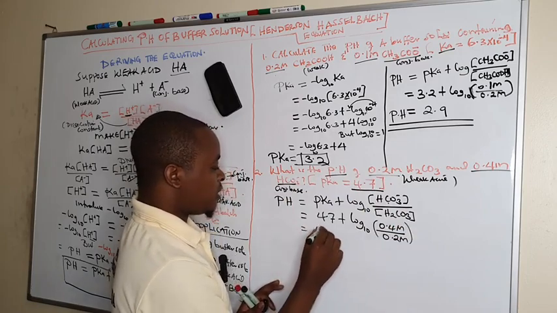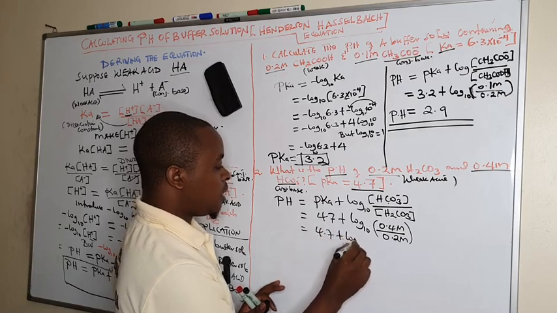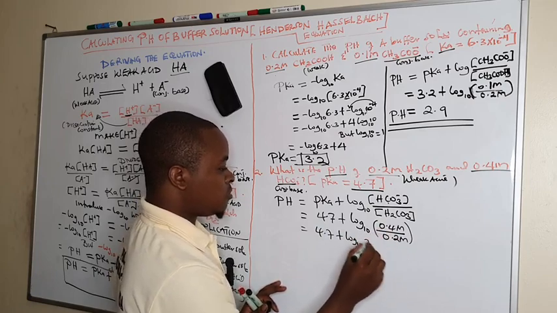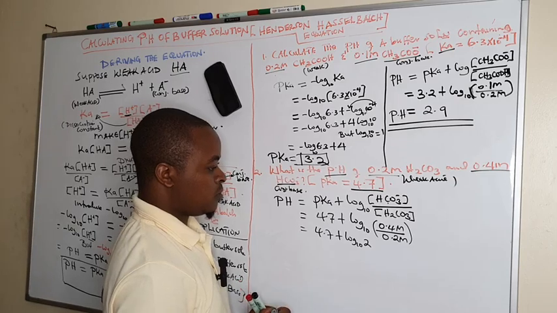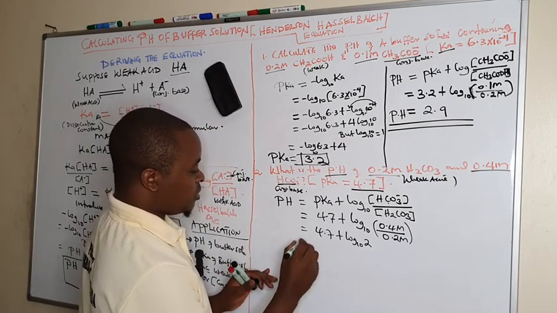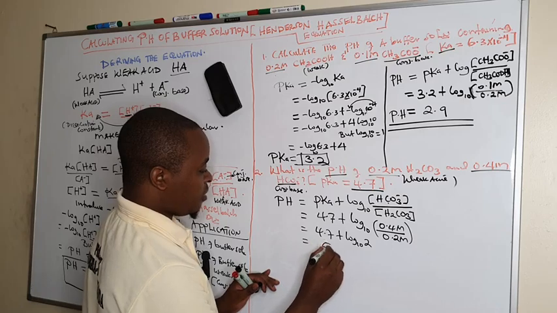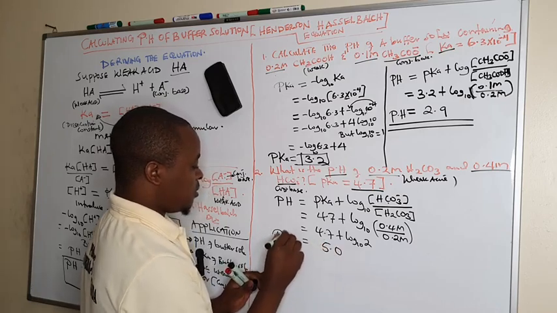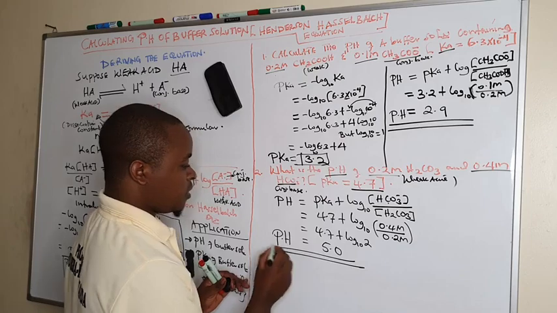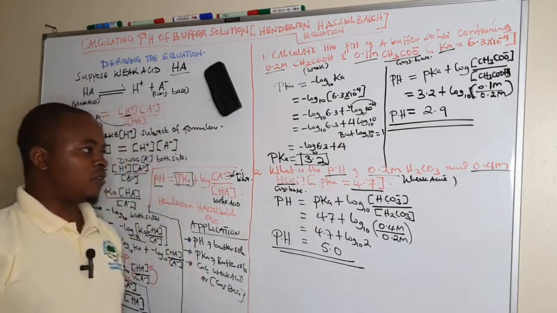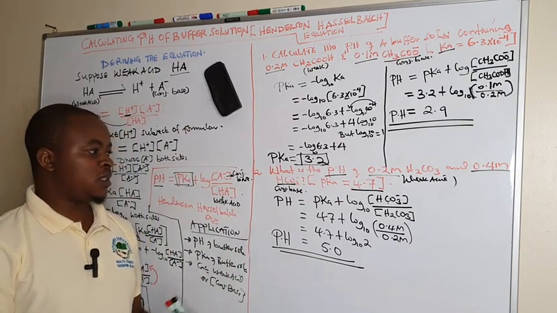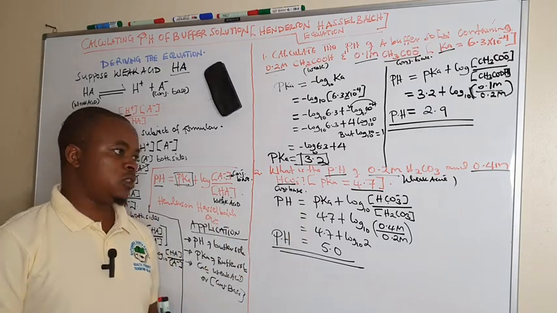This gives us 4.7 plus log base 10 of 2, and the final answer is going to be 5. If we put it on a calculator, the pH value is 5. So the pH of this bicarbonate buffer solution is 5 after applying the Henderson Hasselbalch equation.